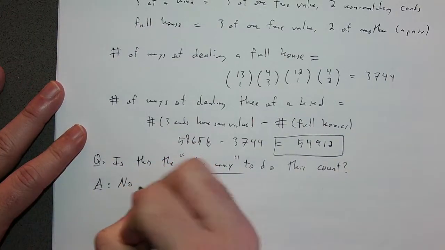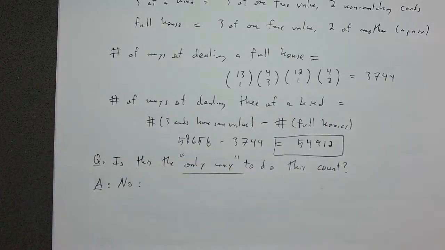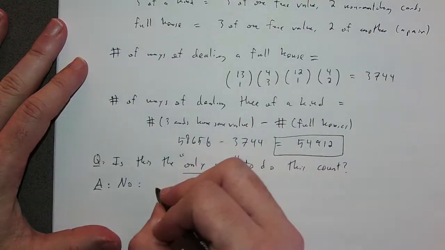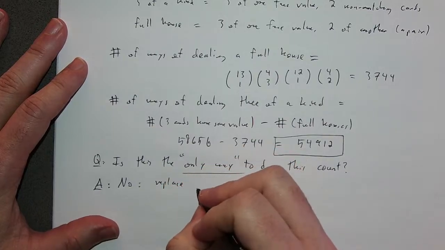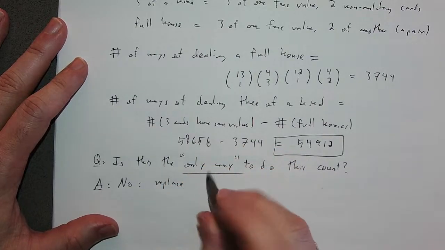So here's another way. Let's do this another way. So let's modify this strategy we had, counting the exact three cards having exactly the same face value. So in this process here, if we want to avoid this possibility of selecting a matched pair in this last step, why don't we replace this 48 choose 2 business?